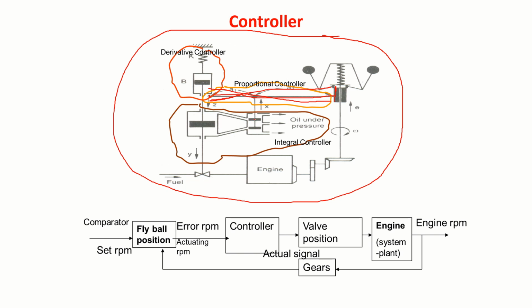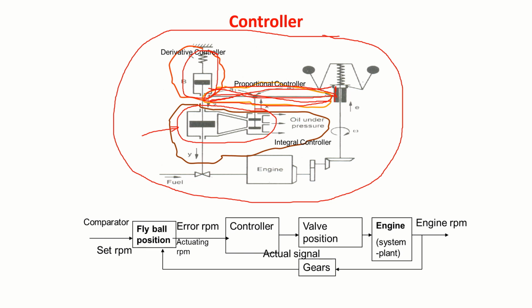This linkage, I call it as proportional controller. And here you have a cylinder arrangement, piston and cylinder arrangement with spool valve. This I call it as integral controller. And you have a spring and a damper. This I call it as a derivative controller.